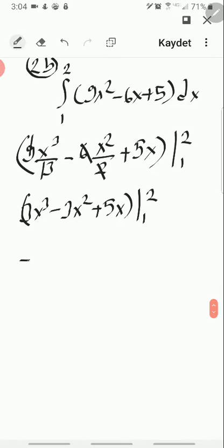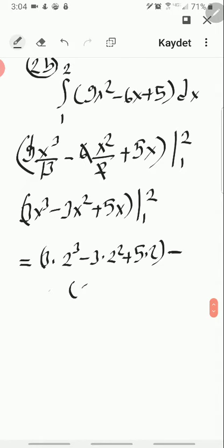Let us substitute 2 and 1 in order. 3 times 2 cubed minus 3 times 2 squared plus 5 times 2. And we will subtract, opening parentheses again: 3 times 1 cubed minus 3 times 1 squared plus 5 times 1.